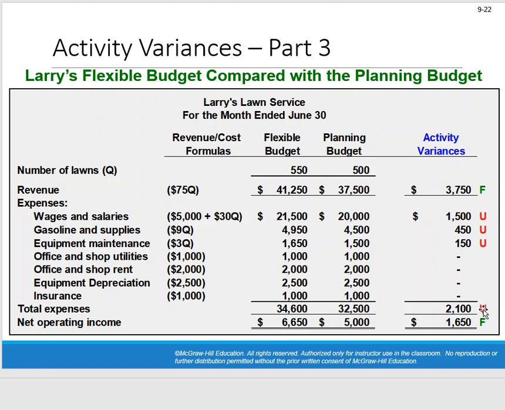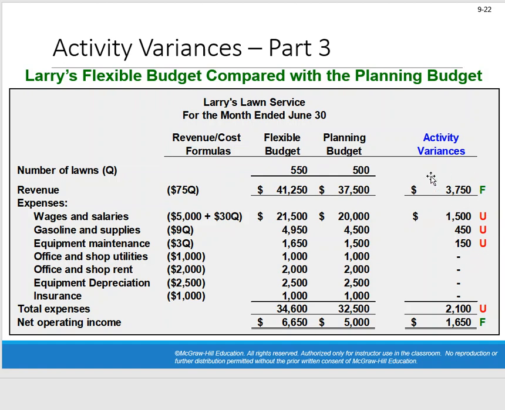And then notice that all of our expenses, the variable expenses, are all unfavorable. The fixed expenses have no change because they are fixed. And our total expense variance is 2,100 U. Now that's totally normal. We should anticipate an unfavorable expense variance when the level of activity increases from 500 up to 550 because it's going to cause all these variable expenses to go up.